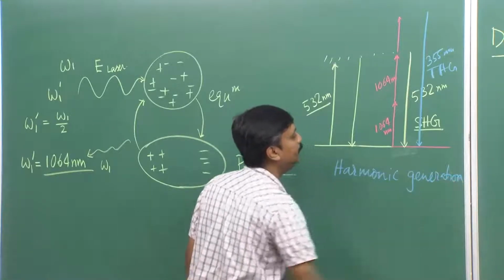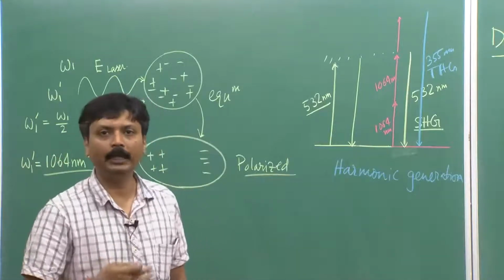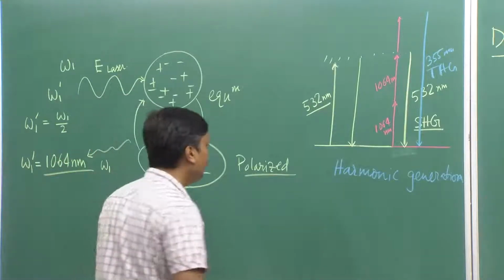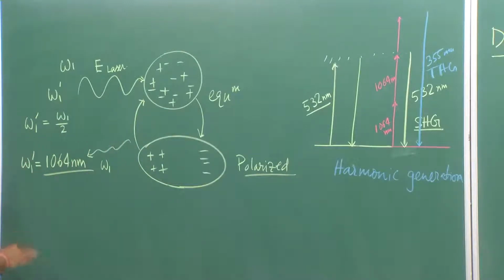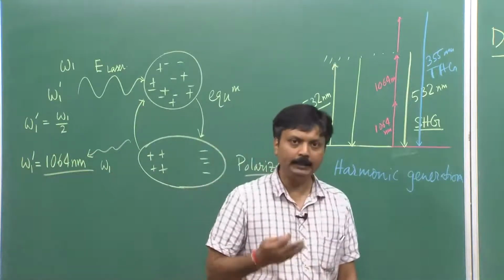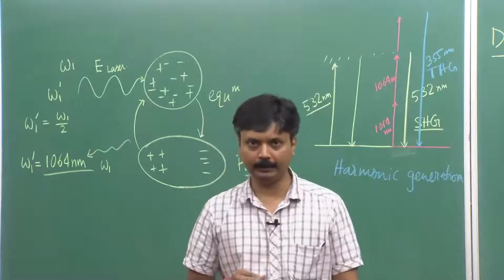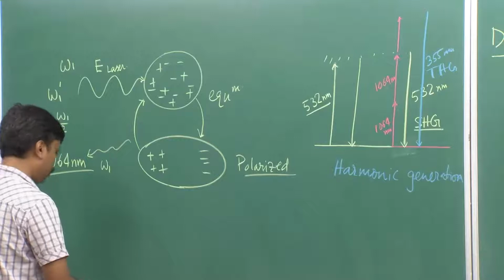So, this is a specific process among the second order nonlinear optical processes. Now, if I have a situation where I come up with 2 incident photons having 2 different frequencies, what may we have? We may have the following situation.